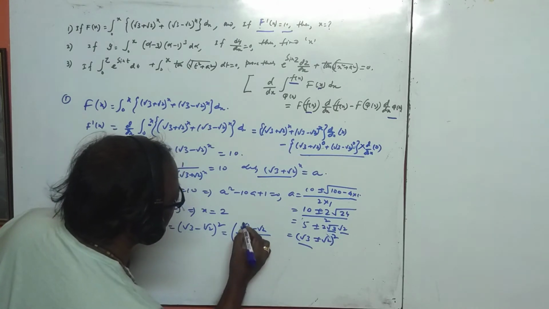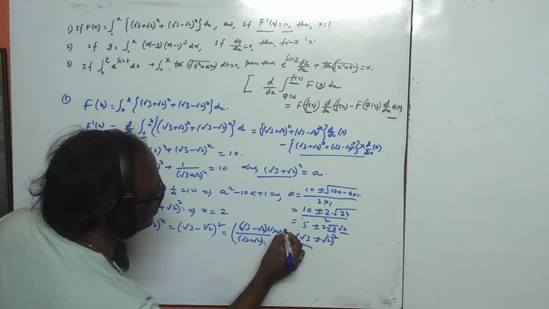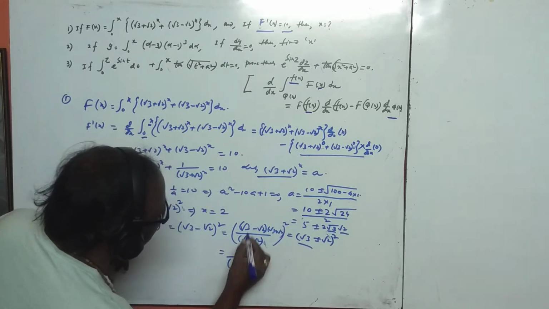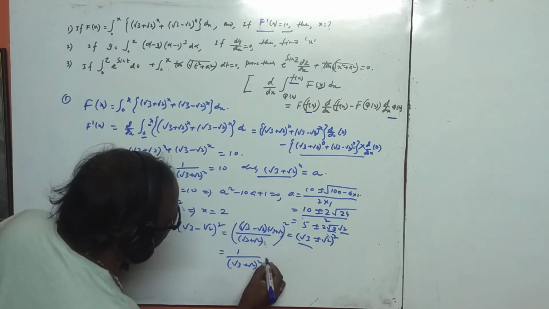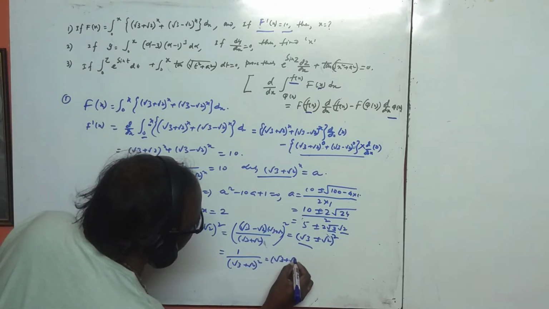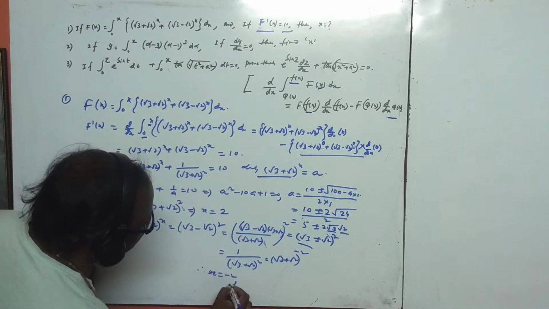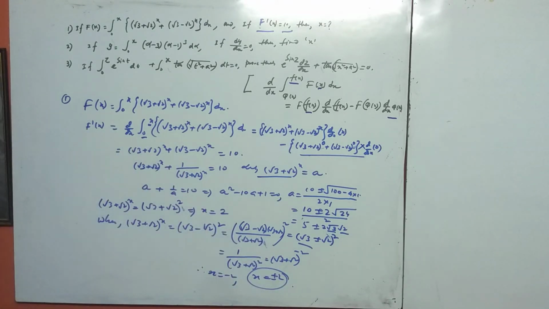Sorry, this is root 3 plus root 2, okay? This is to the power 2. So you can write here, this is 1, a plus b, a minus b. And now (root 3 plus root 2) whole square. So (root 3 plus root 2) whole to the power minus 2. So you can write x equal to minus 2. Solution, x equal to plus or minus 2 here, okay? This is your answer. Very important question.